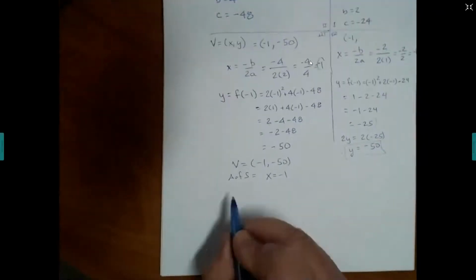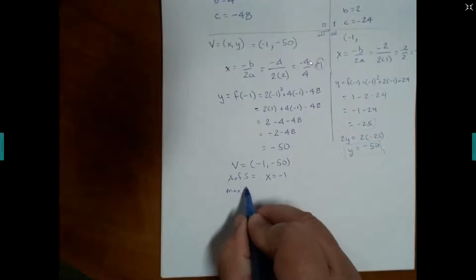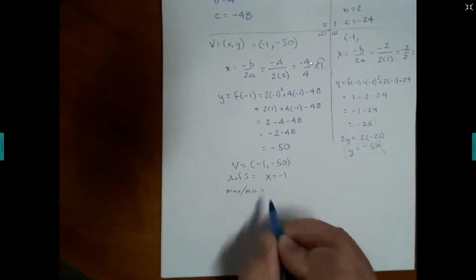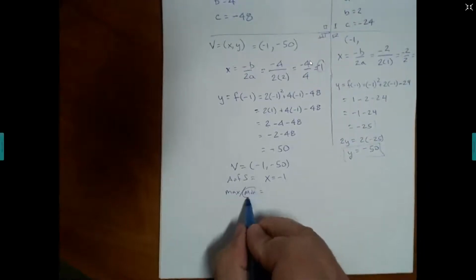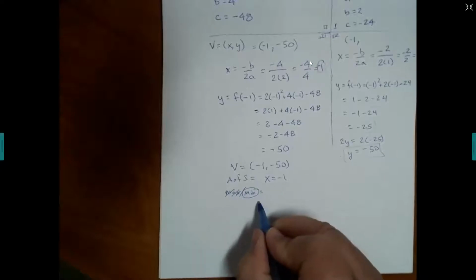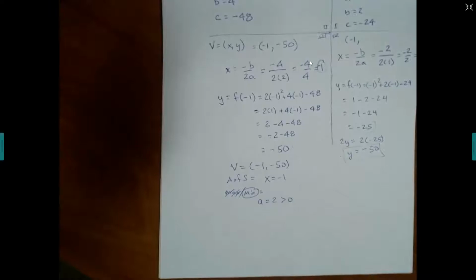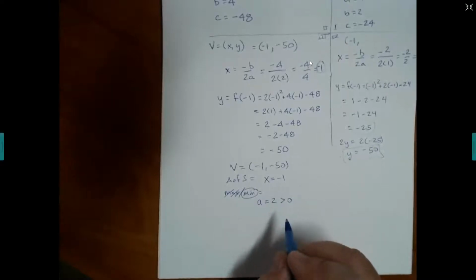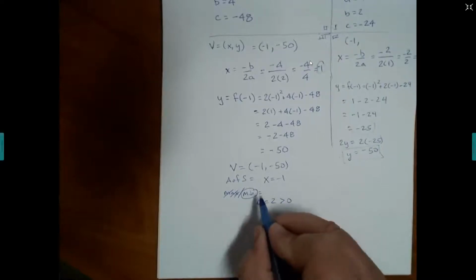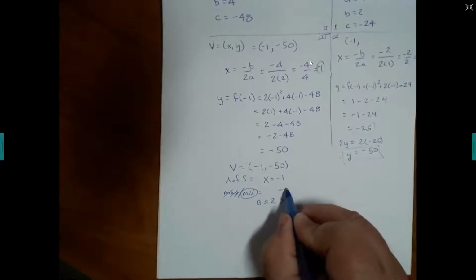Does it have a maximum or minimum? It has a minimum because A is 2, and that's greater than 0. The minimum value is -50.